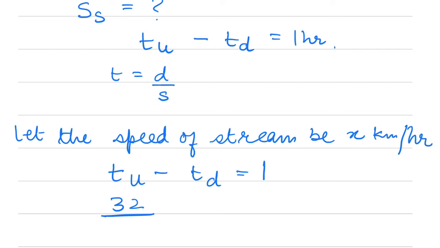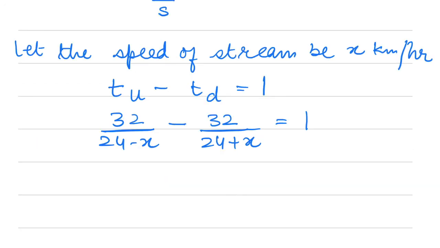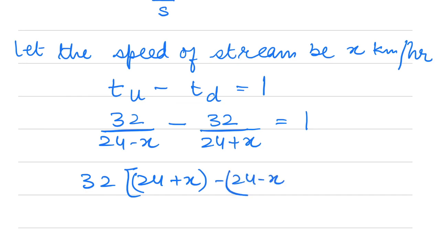So speed of boat minus speed of stream minus time, again distance is same and here speeds will be added, so 32 is common, and I can write down 24 plus x minus 24 minus x is equal to 24 minus x into 24 plus x.